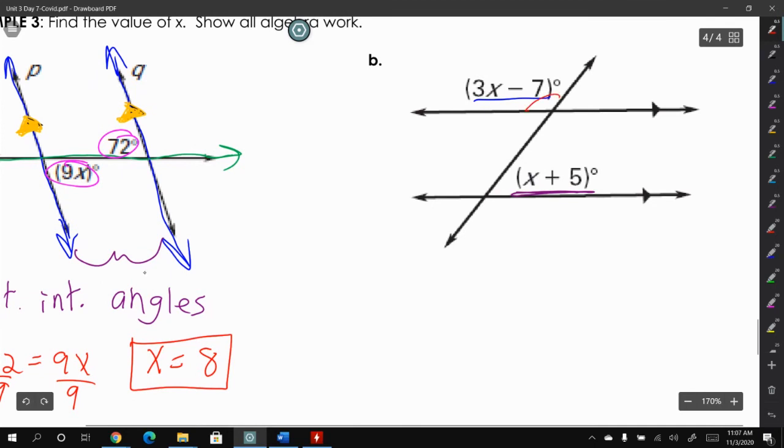These two angles here that I just marked in red are vertical angles. So that means if up here is 3x minus 7, that means this is 3x minus 7 as well. Well, now we have these two angles. Those are consecutive interior angles.